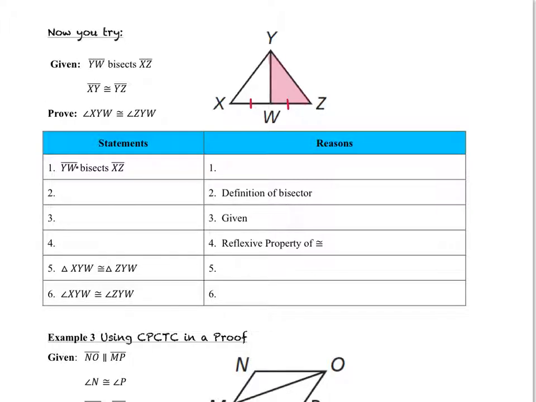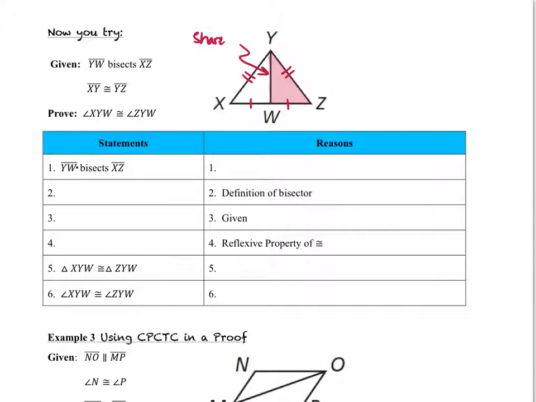The next bit of information that is given to us is that segment XY is congruent to segment YZ. So those two tick marks allows us to see on our diagram that we have congruent segments. So far, out of the 3 segments on the triangle, we have 2 pairs of congruent sides. Not only that, we have a shared side.